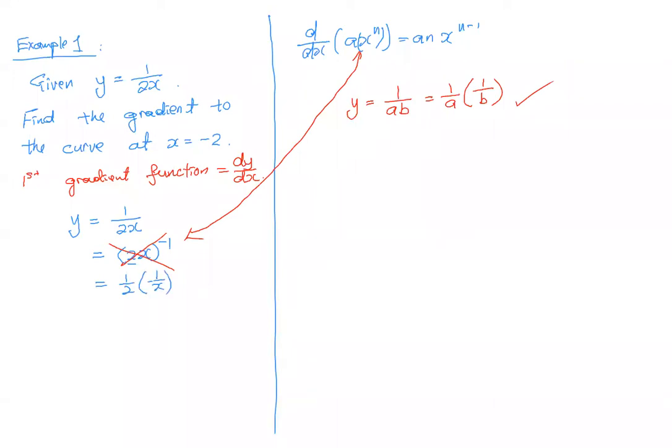Then you change it to 1 over 2 times x to the power of -1. Are you clear? Then now you can start to do. Okay, I give you 1 minute to get the answer for this one. Hurry up.